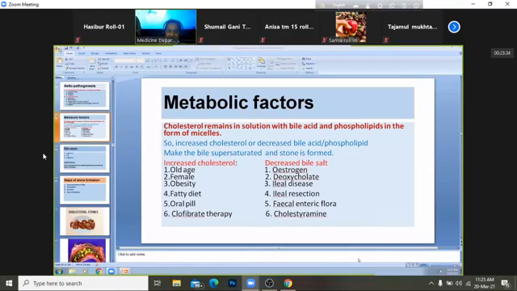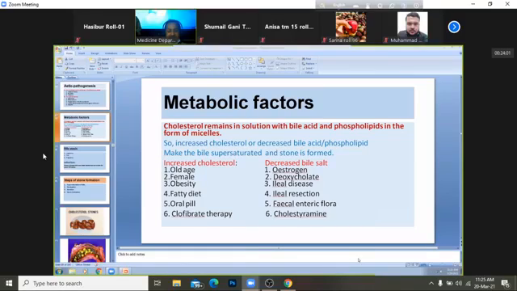Ileal disease, ileal resection, because we know the main bulk of the bile salt is maintained by enterohepatic circulation, that is, after excretion into the intestine, the bile salt is reabsorbed, so there is minimal loss of total bile salt.